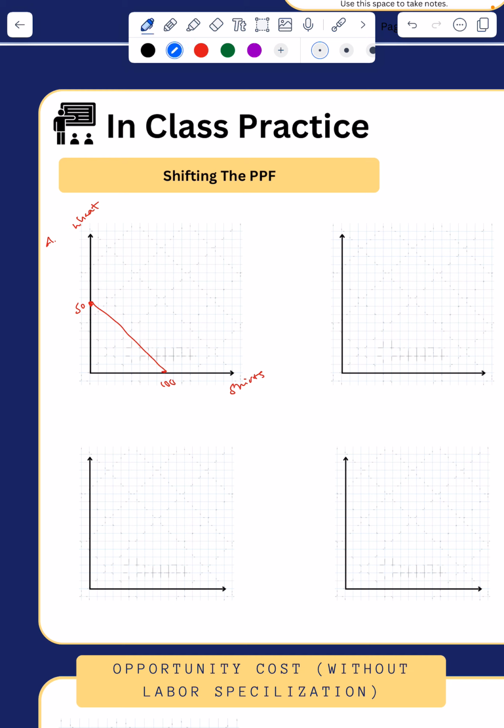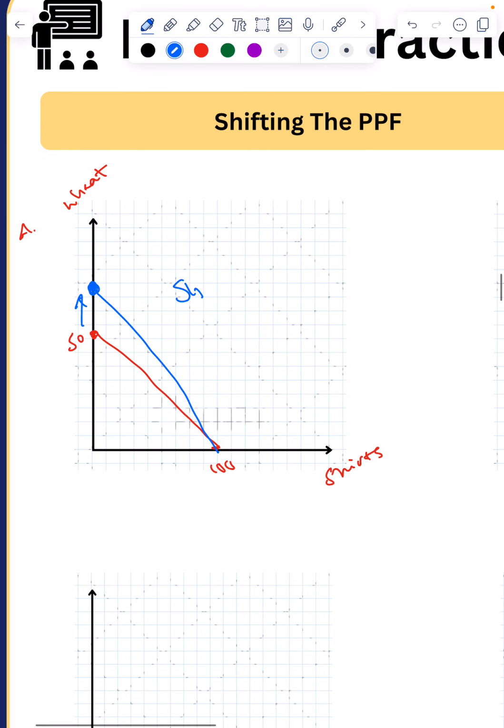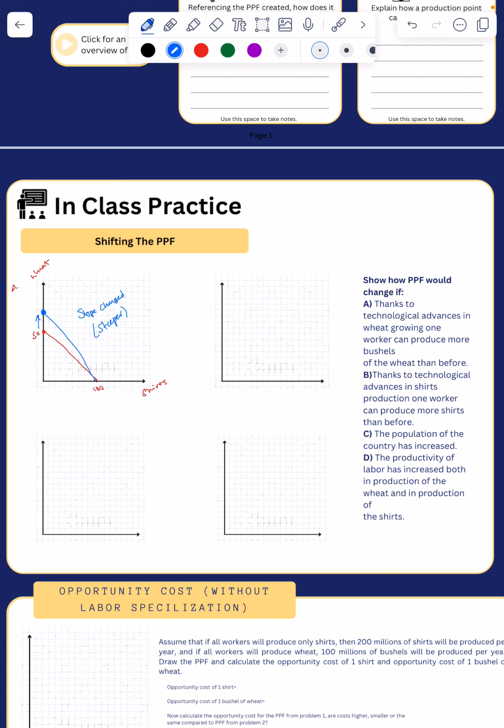So when we have workers who can now produce more wheat than shirts, we'll see that we'll rise on the wheat side, and our shirts will stay the same, meaning that our slope has changed and it has gotten steeper. So that is how the PPF would change for that scenario.